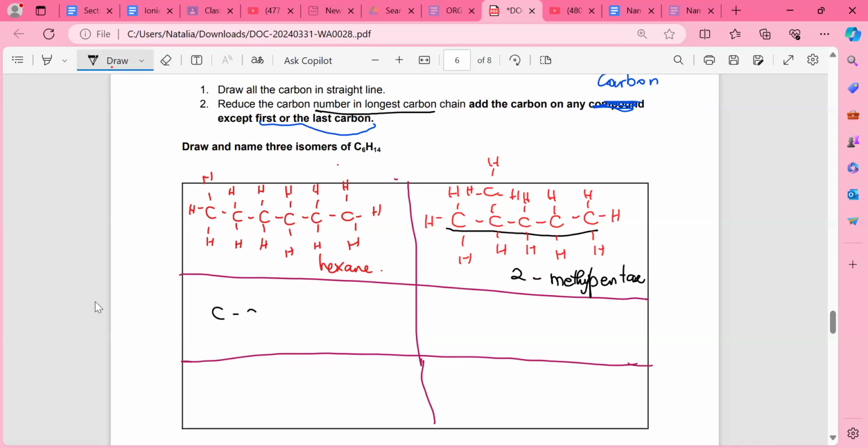So I can still have 5 carbons, and this time, where would I put my other carbon? On the third carbon. Good. And make sure each carbon is bonded 4 times.